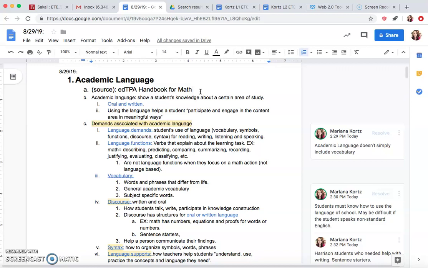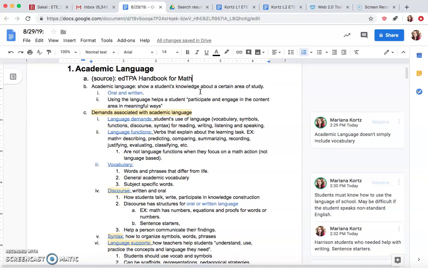First of all, academic language are various aspects within a content area that help a student show their knowledge about that subject. And that does not simply include the vocabulary, as we will learn later. Another interesting fact is that academic language is oral and written. Oftentimes, when we think of academic language, we simply think of what is written on the board, as students will be writing those words and maybe even putting it in a vocabulary journal.